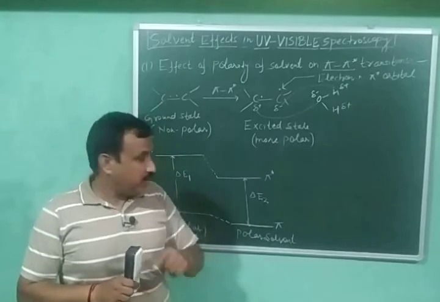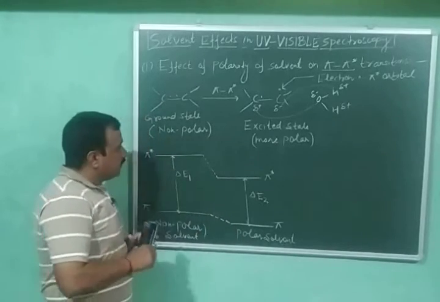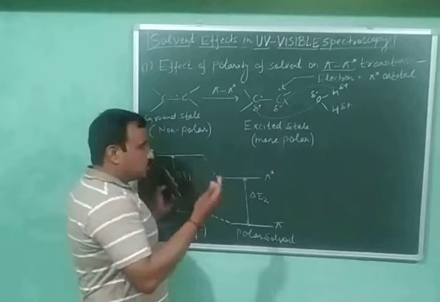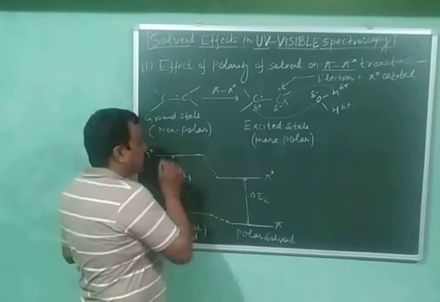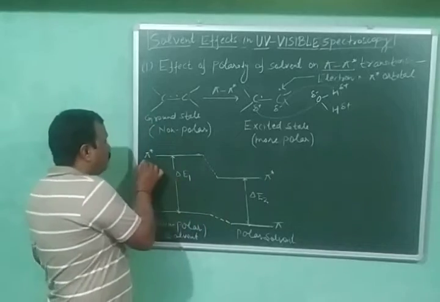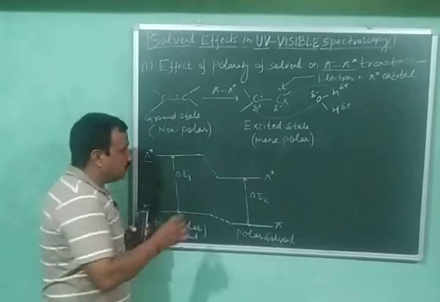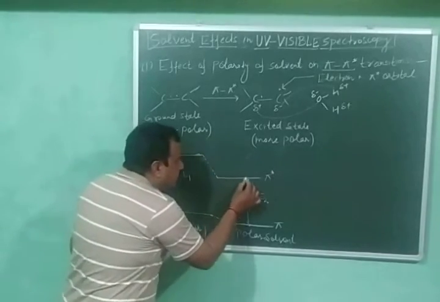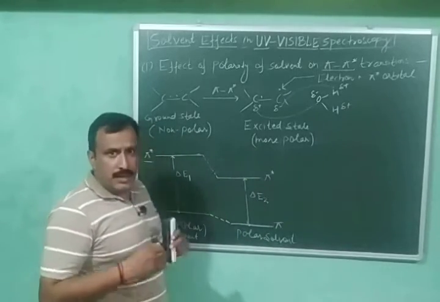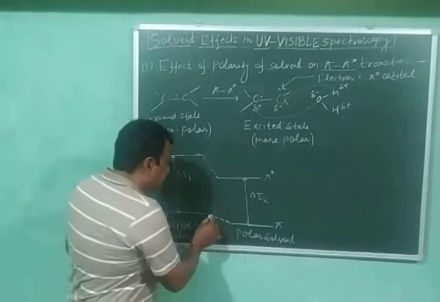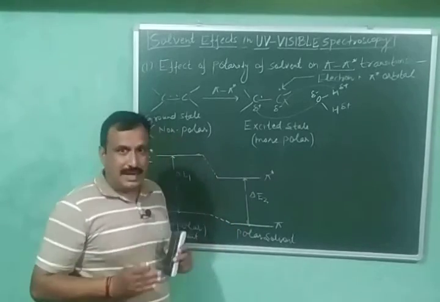So here I have represented it like this: due to these interactions, the energy of the excited state, that is the energy of the pi star antibonding molecular orbital, will fall to a greater extent, whereas the energy of the ground state remains almost the same or decreases slightly.